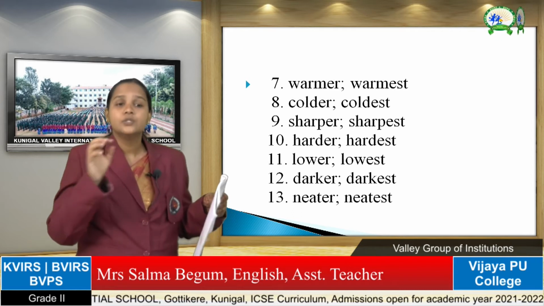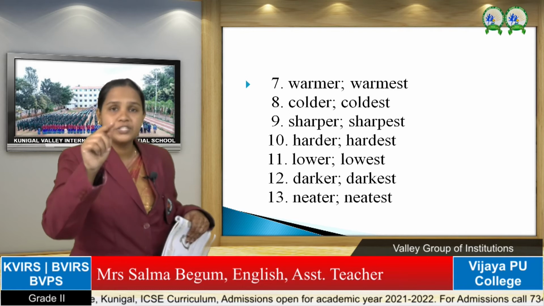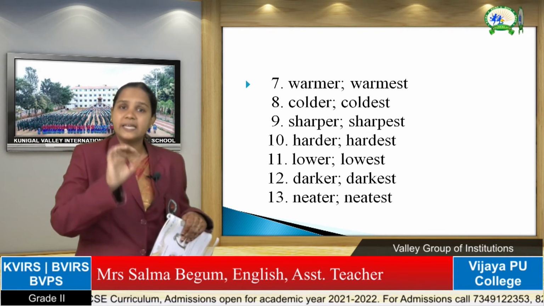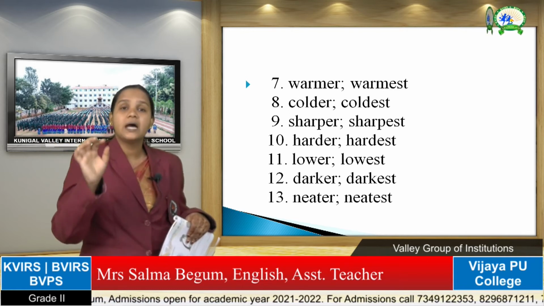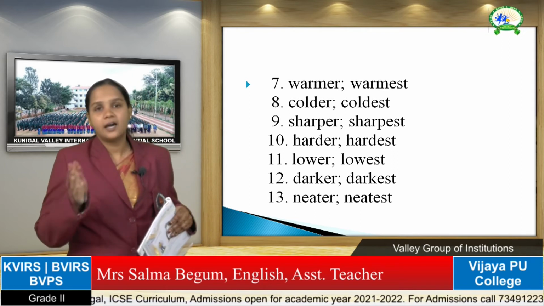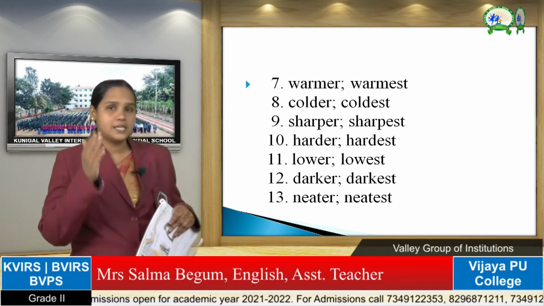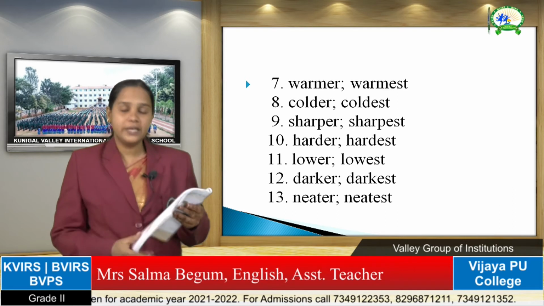It is the sharpest. So sharp, sharper, sharpest. We can't consider the sharpness of an injection the same as a needle, but we say it is sharp. But we can't compare. The sharpness of a knife and the sharpness of a needle are totally different. Here we have compared the sharpness of a pencil, a knife and a needle.